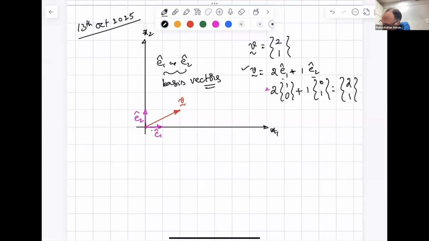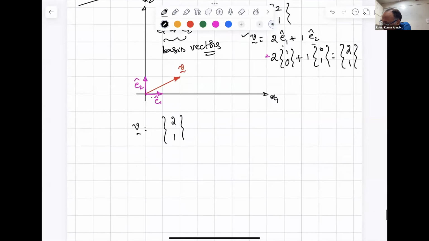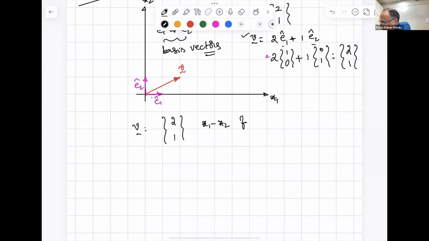Now let us look at a scenario. When I write v is equal to 2, 1, I am saying that the vector v is expressed with respect to a coordinate system, the x1, x2 frame. With respect to that frame, I have expressed v is equal to 2, 1.